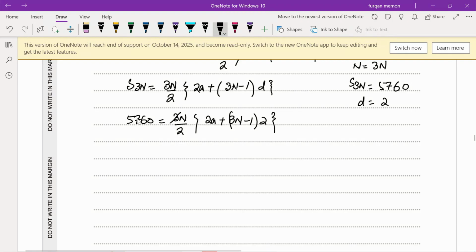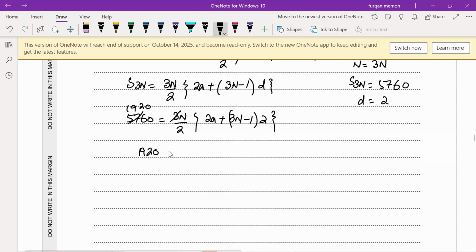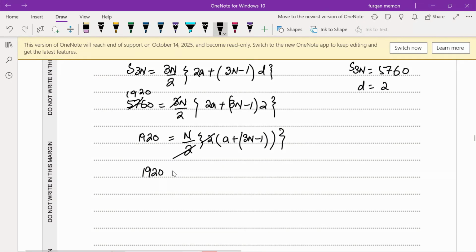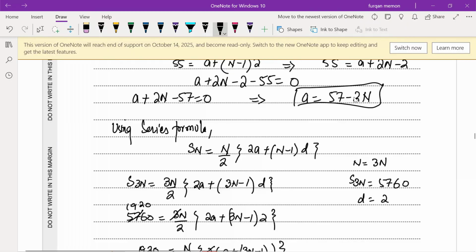So 3 will cancel out, and we will have 1920 equals n over 2 times (2a plus 2(3n minus 1)). Taking 2 common, the 2 cancels out, and we have 1920 equals n times (a plus 3n minus 1). We have the information of a, which is 57 minus 2n.